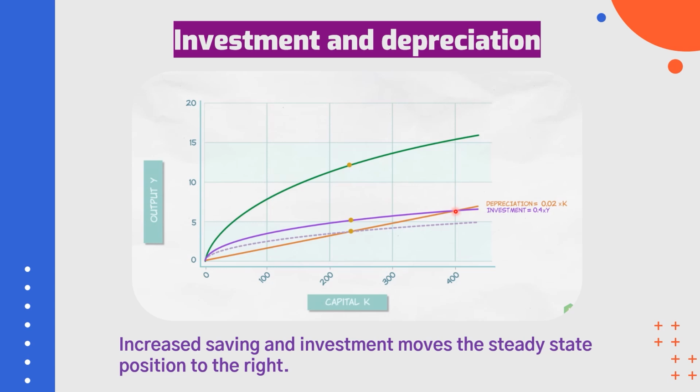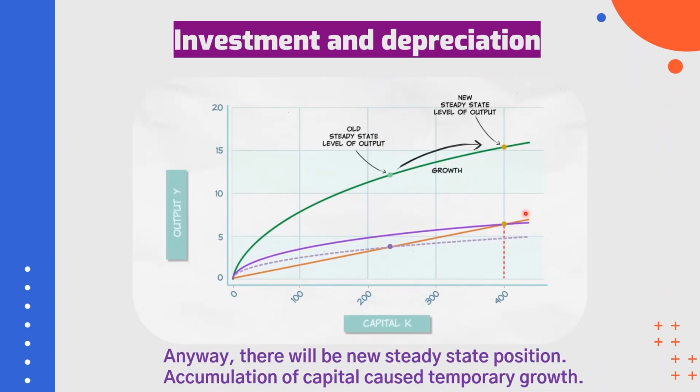The steady state will occur inevitably, but it will be later. We just push this scenario to later times. So I already told you, there will be a new steady state position, but it will be later. So what does it mean? The increase in marginal propensity to save is just a temporary measure.